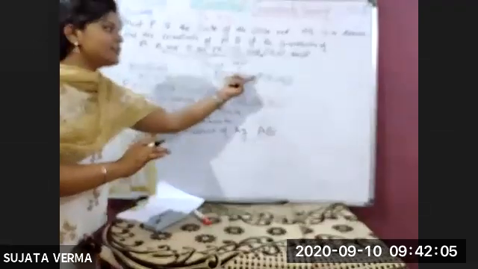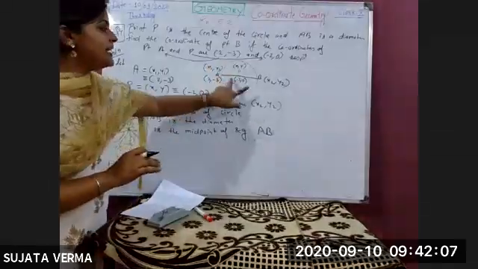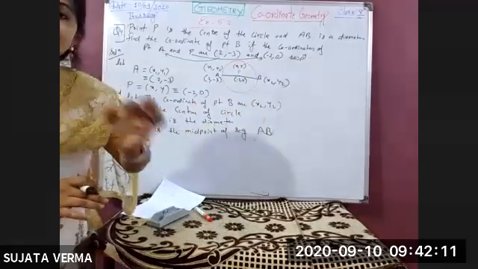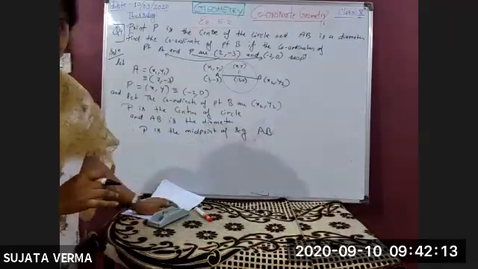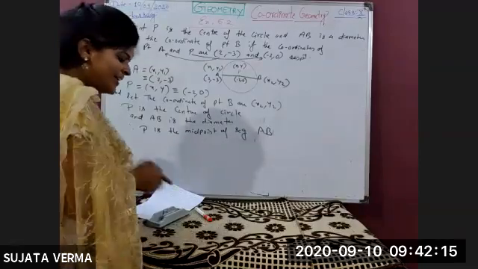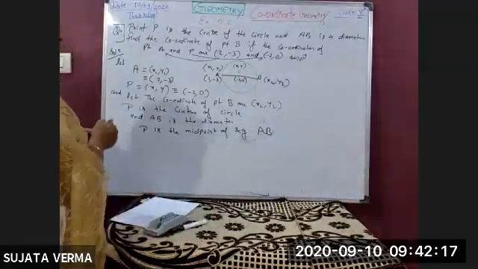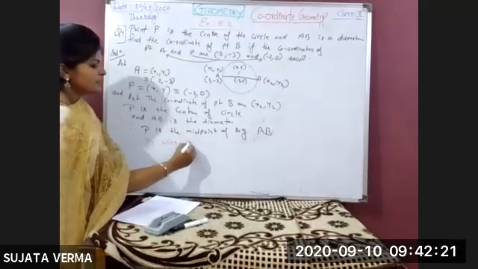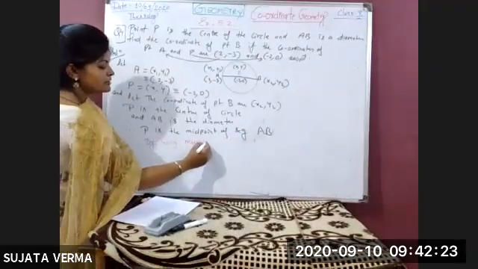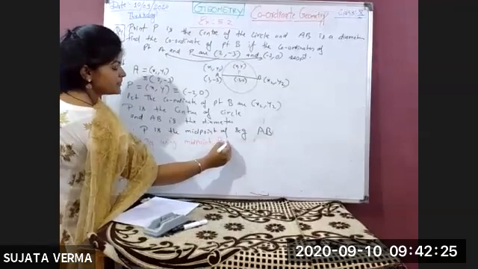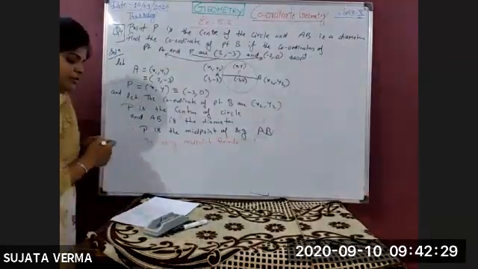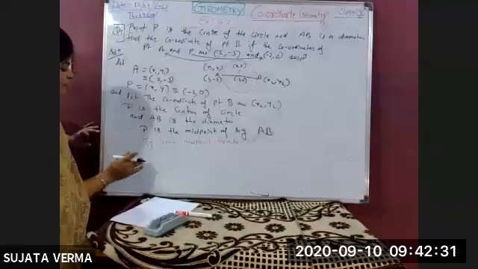P is the center of the circle and AB is the diameter. Then we say that P is the midpoint of segment AB. Then we apply the midpoint formula.